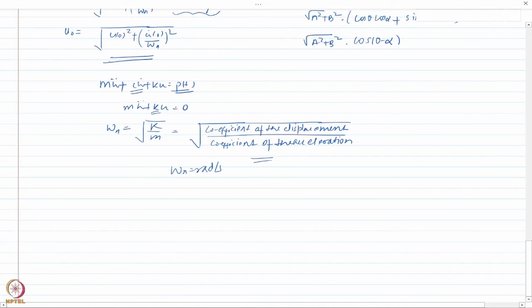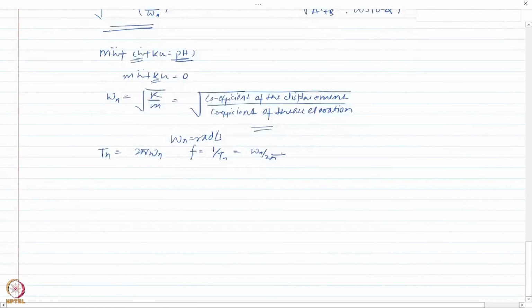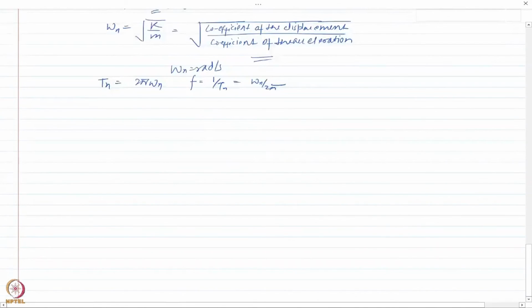I hope up to this point it is clear to you. Now we are going to do an example, and this is not a problem from a book. We are going to take typical properties of a system, a building let us say, with columns and beams, and see what value of the time period we get.